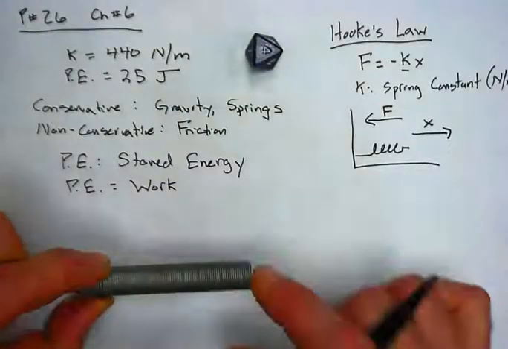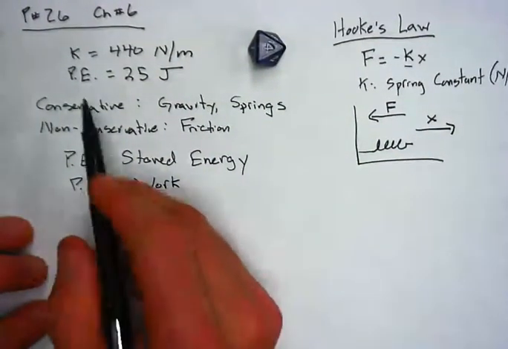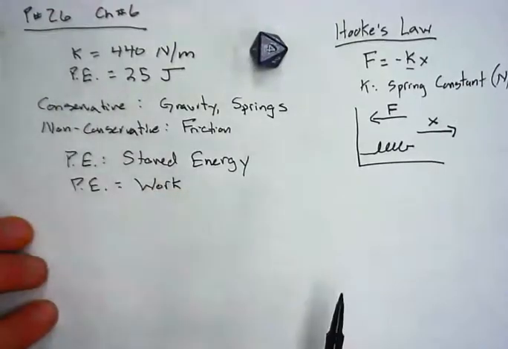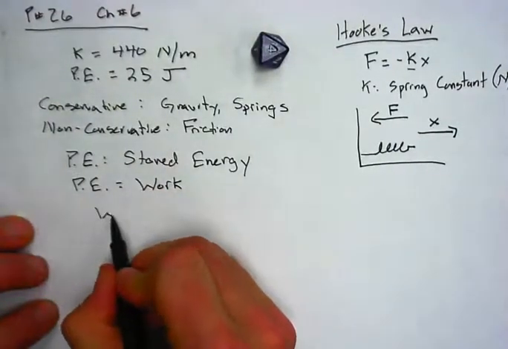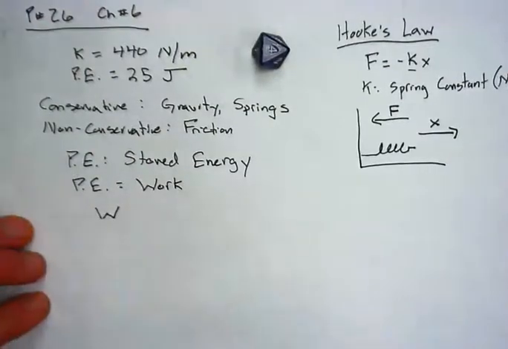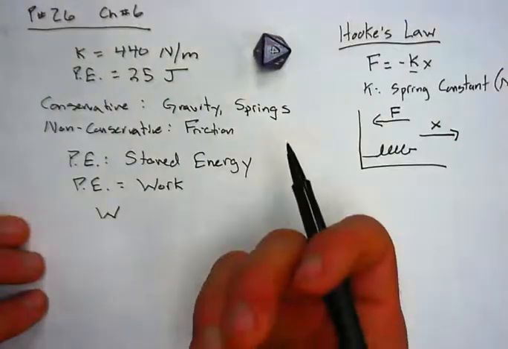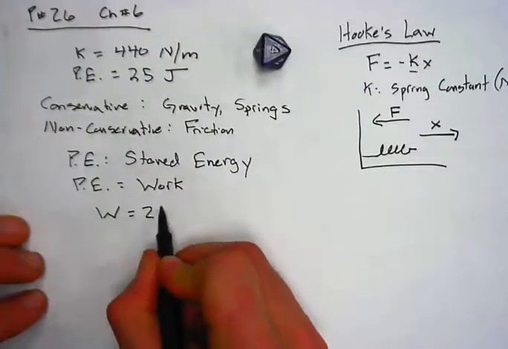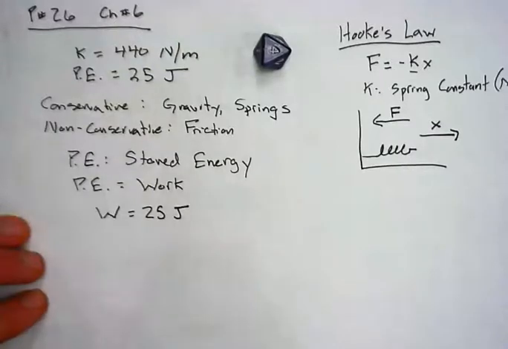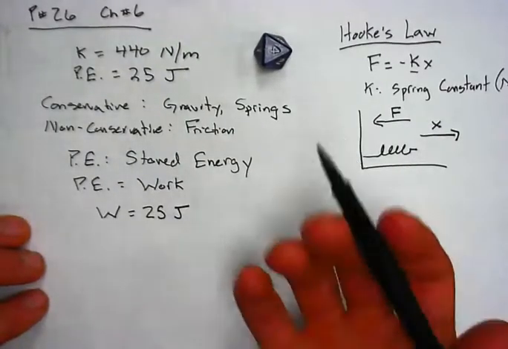In this problem, we want to calculate the potential energy, so we have to calculate the work we've done on the spring. How much work would we have to do? Well, we'd have to do 25 joules worth of work to get 25 joules worth of stored energy.